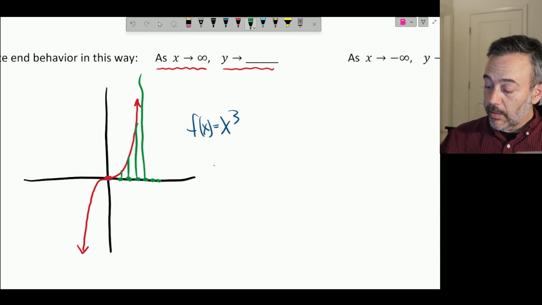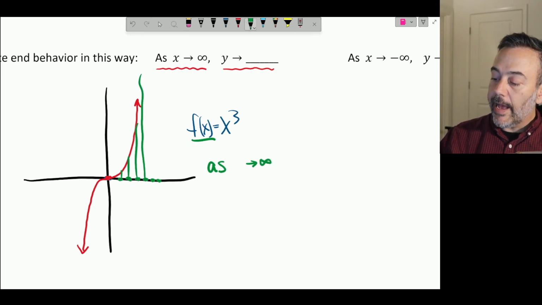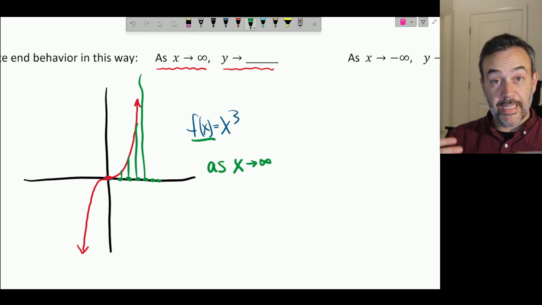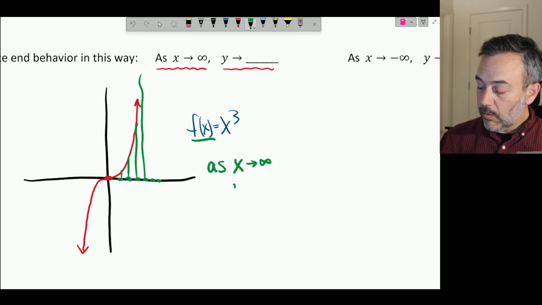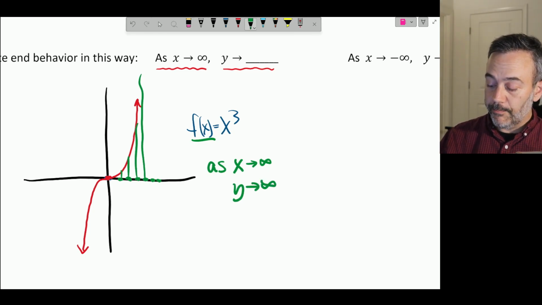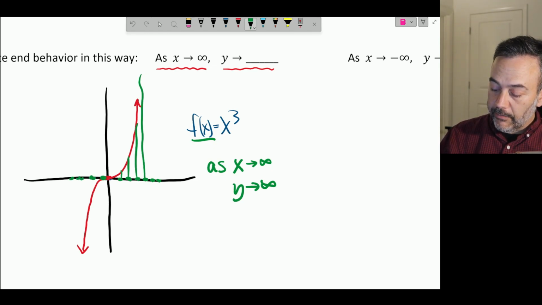It's going up. So for this function f of x, as x goes to infinity, because that's what we're plugging in, y also goes to infinity because it goes up. What if we plug in x going to negative infinity?